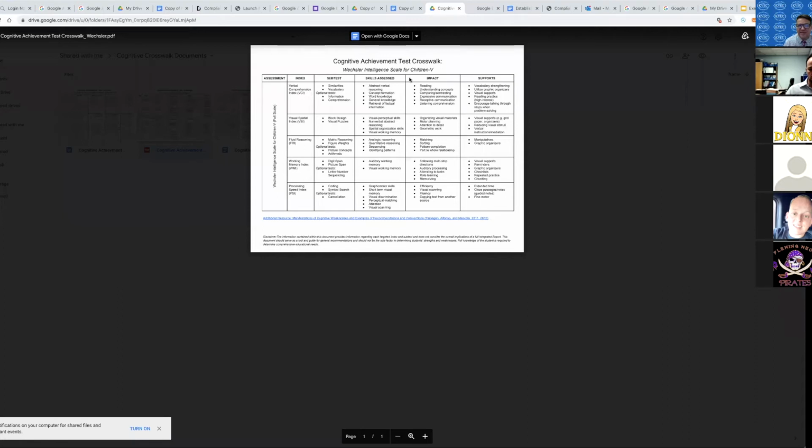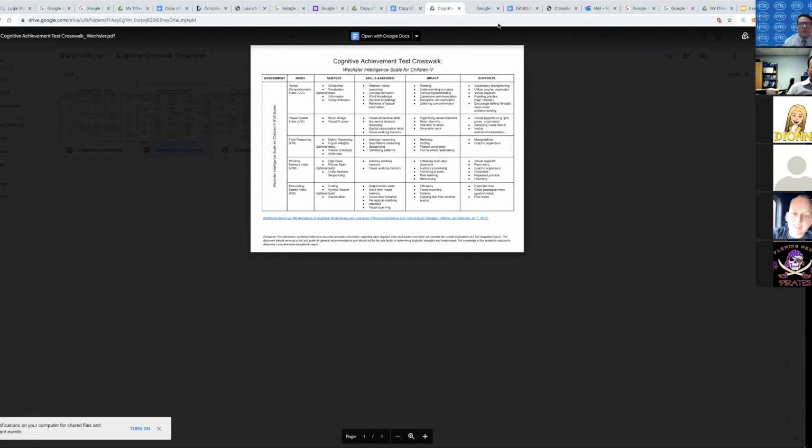It has the index. It tells you what the supports are. It tells you everything you need to know in regards to how that general intelligence is impacting that student's ability to access the general curriculum and how it's going to impact their academic performance and their functional performance.